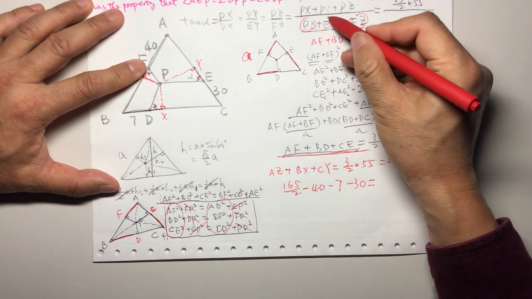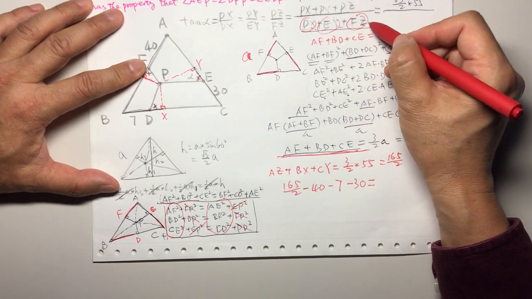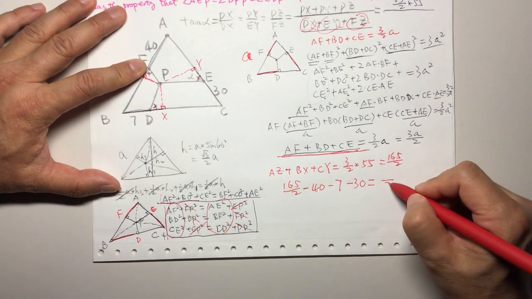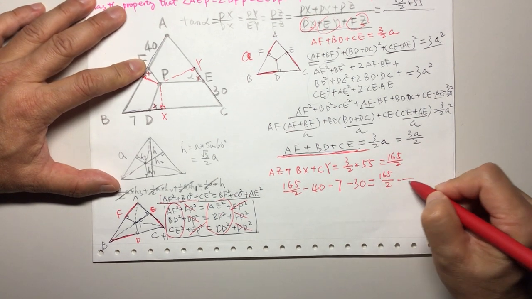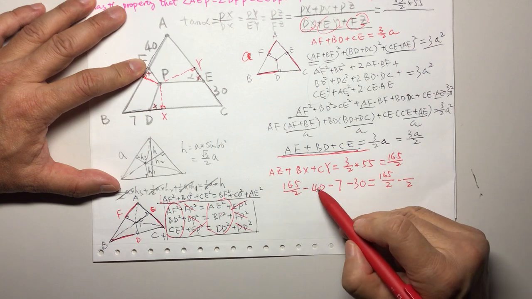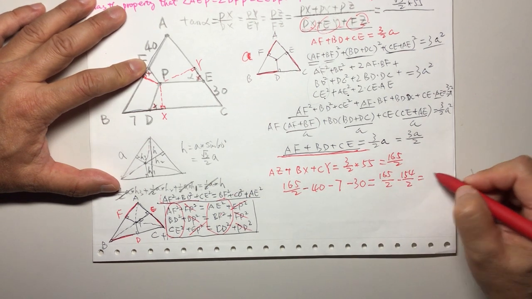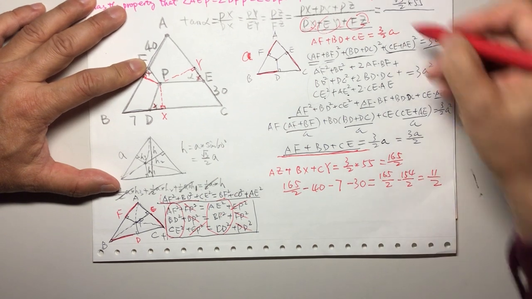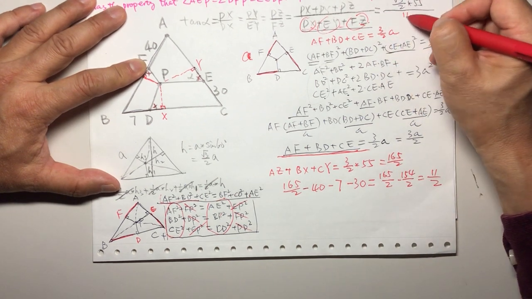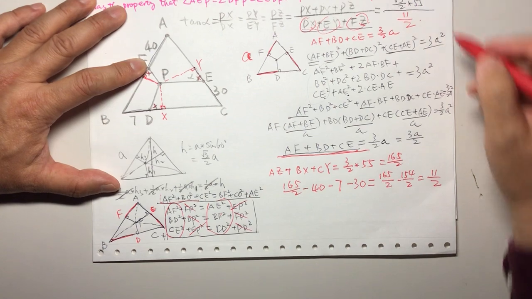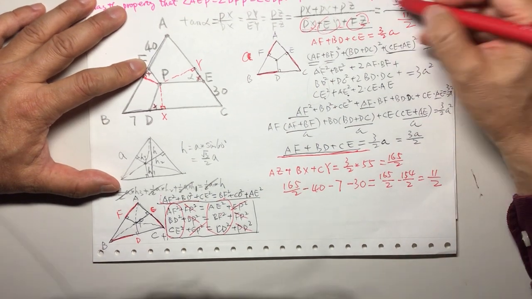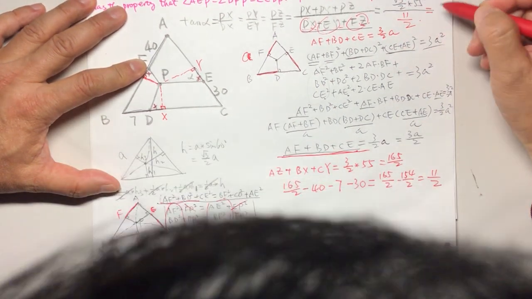That's DX plus EY plus FZ. So it equals 165 minus 2 over, that's 70, 77, 154, right? That's 11 over 2. Now, we know this is 11 over 2. So we can calculate the tangent value for alpha.